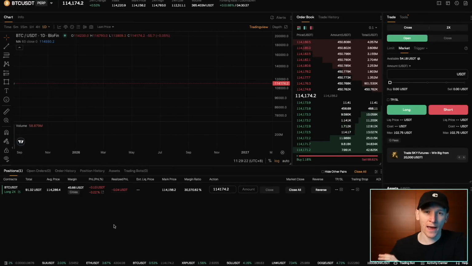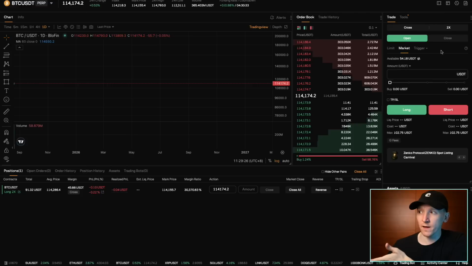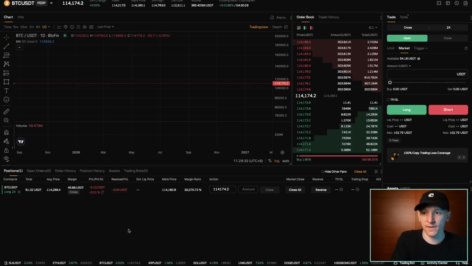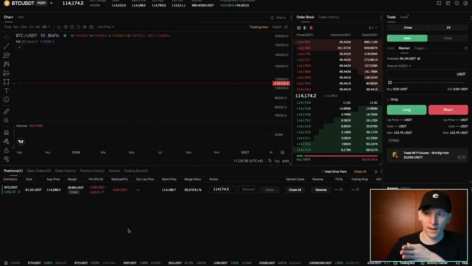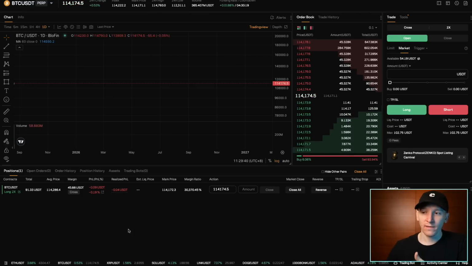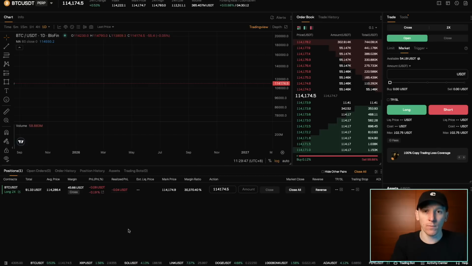An important thing to consider when trading is the amount of cash or equity that you have in your account versus your positions. So I took a 2x leverage position. That means that I have tied up around 50% of the trade size. However, because I have other cash in my account, I have $100 of cash in my account, and I'm using cross margin. That means that the system is using all the cash that I have in my futures account to margin my positions.